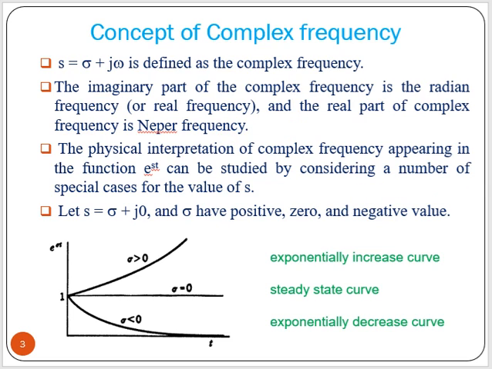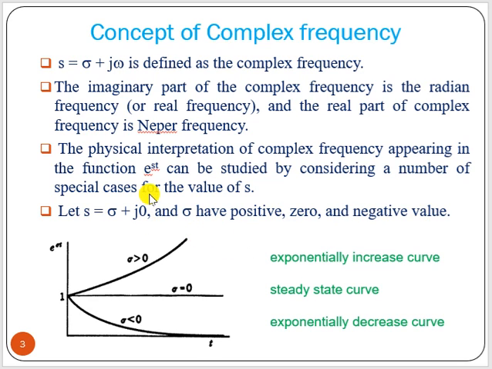Now the physical interpretation of the complex frequency appearing in the function e to the power st can be studied by considering a number of cases for the values of s. Instead of s we can write sigma plus j omega, whole times t. First, we assume omega equal to 0, then sigma can be a positive, zero or negative value.